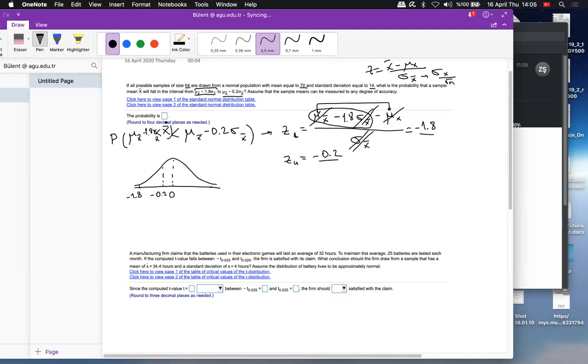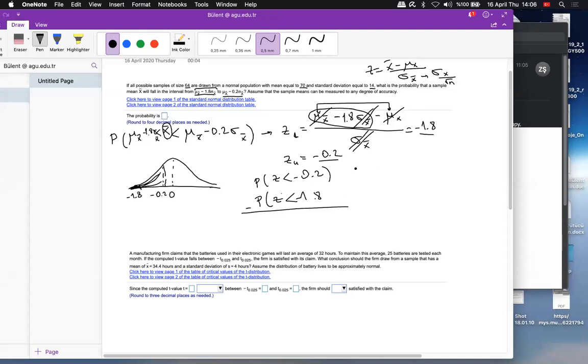Probability of my X bar being between these two, right? So the probability of Z being less than minus 0.2 is going to be this area, right? The whole area. The probability of Z being less than minus 1.8 will be here. So if I take the difference between the area below minus 0.2 and the area below minus 1.8, I will find the solution, right?